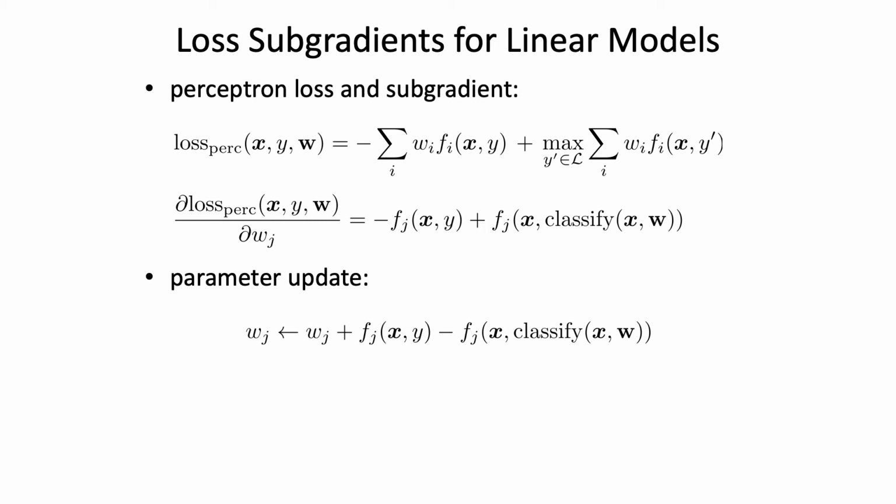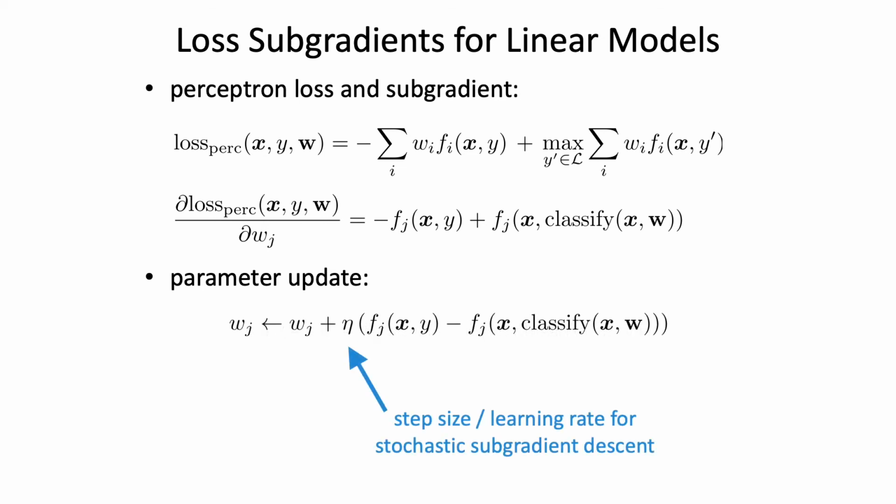If a feature appears in the gold standard but not in the predicted label, its weight will get larger. If the feature is in our predicted label but not in the gold standard, the weight will get smaller. In practice, we typically use a step size or learning rate eta, which is multiplied by the subgradient in the update. This is tuned for the task and is typically something small like 0.01.